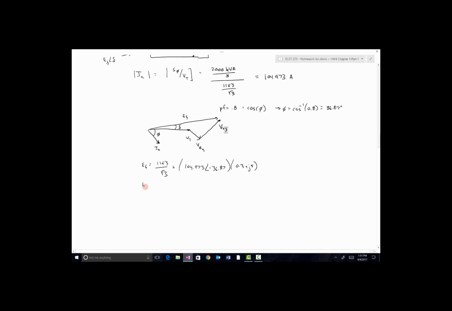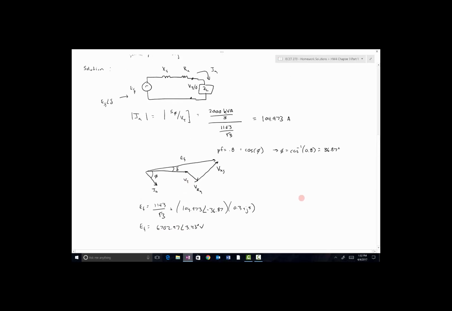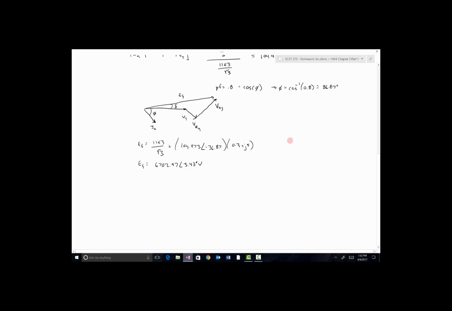And so we get the initial value of EF, which is 6,702.97 at an angle of 3.43 degrees volts. So if I set EF to 6,702.97 volts, and the load's drawing rated current at a 0.8 power factor lagging, I'll get a terminal voltage of 11 e to the third over root 3 at angle 0. So I've now calculated the initial conditions for the generator.